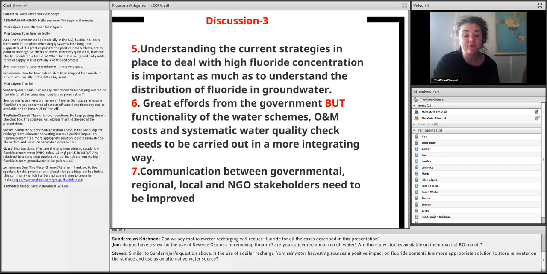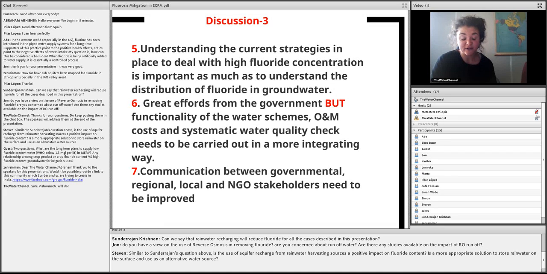And then, we have to understand that the current strategy in place to deal with high fluoride concentration is important, but it's important also to understand the distribution of fluoride in groundwater.